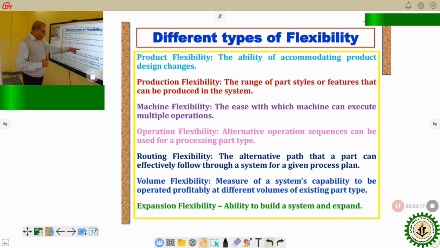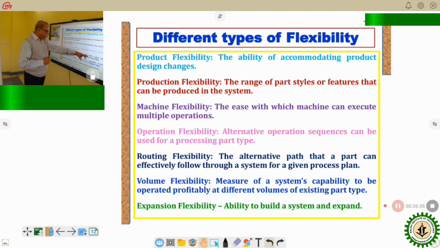Operation flexibility means alternative operation sequences can be used for processing a part type. Depending on the situation, the sequence of operations may need to be changed. If that is possible, then we can say there is adequate operation flexibility.